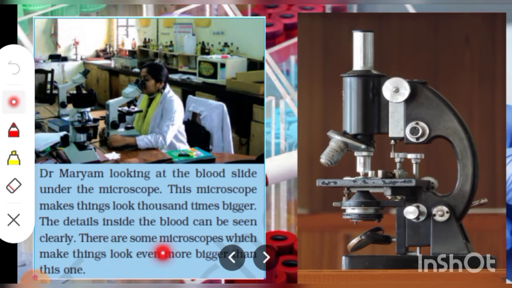There are some microscopes which make things even bigger, like this one. So, as you can see, with the help of a microscope, smaller things can be seen easily as it makes things look bigger.